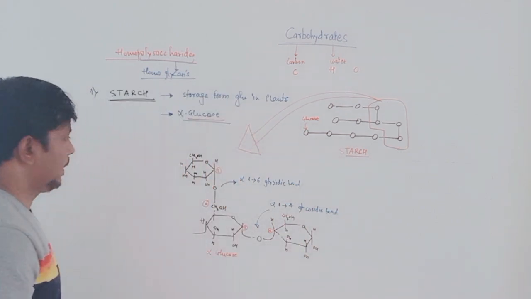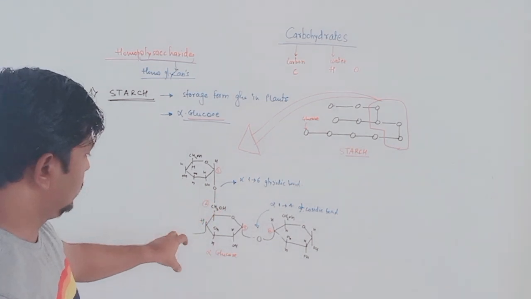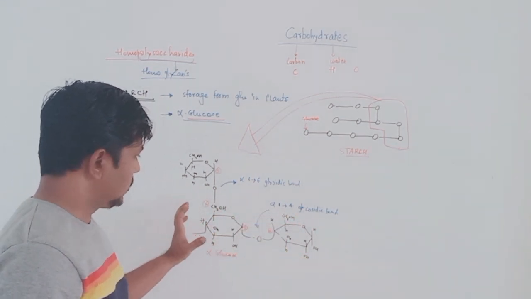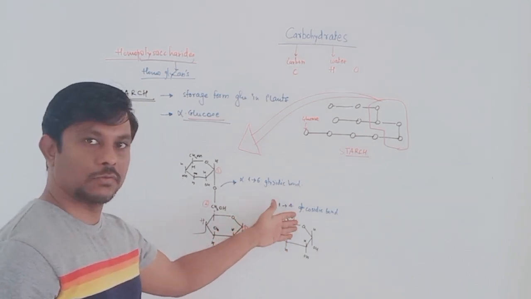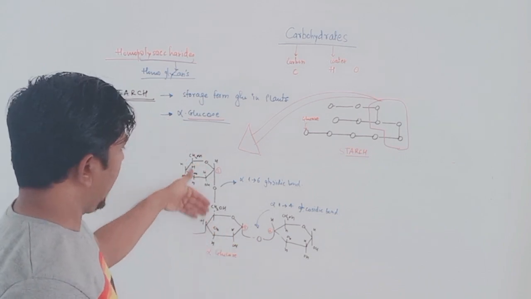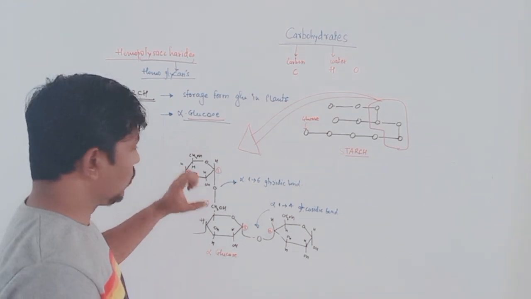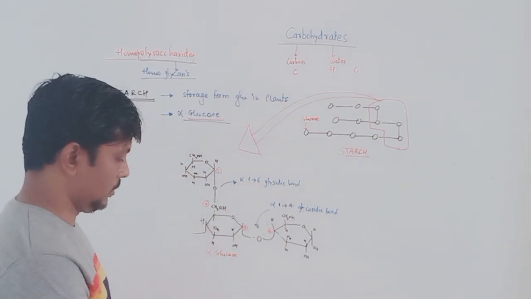Okay. So there are two bonds present in the starch molecule. The continuous chain of glucose molecules is linked with the help of alpha 1,4 glycosidic bonds, and the branch chain of glucose molecules is linked with alpha 1,6 glycosidic bonds.